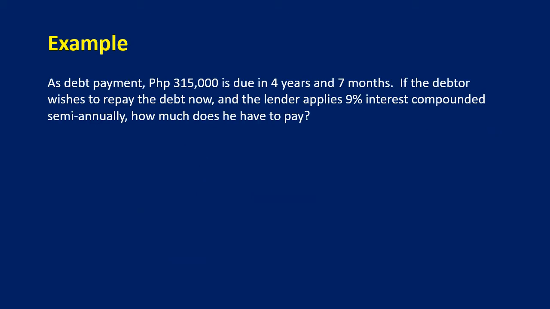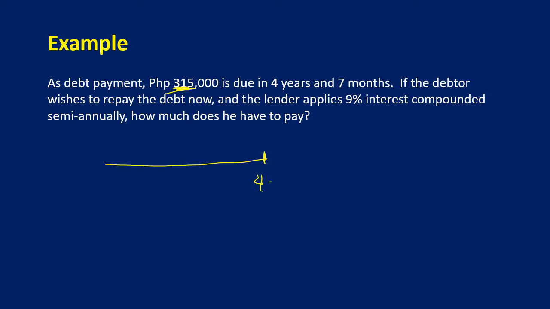Next example. As debt payment, 315,000 is due in 4 years and 7 months. If the debtor wishes to repay the debt now, and the lender applies 9% interest compounded semi-annually, how much does he have to pay? This means that this 315,000 here is your future value.